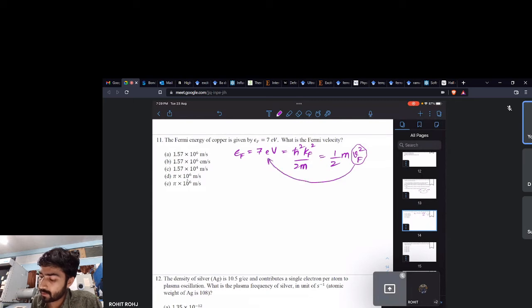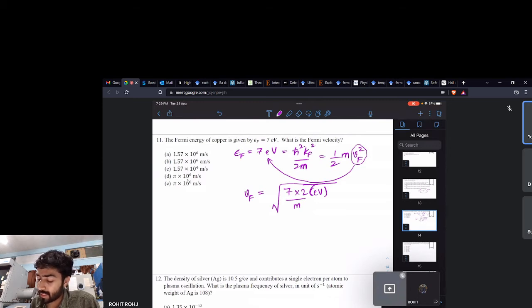We can calculate Vf to be square root of 7 into 2 divided by m. But one thing to note here is that this is in eV, because we have 7 electron volts, and the eV is inside the square root.